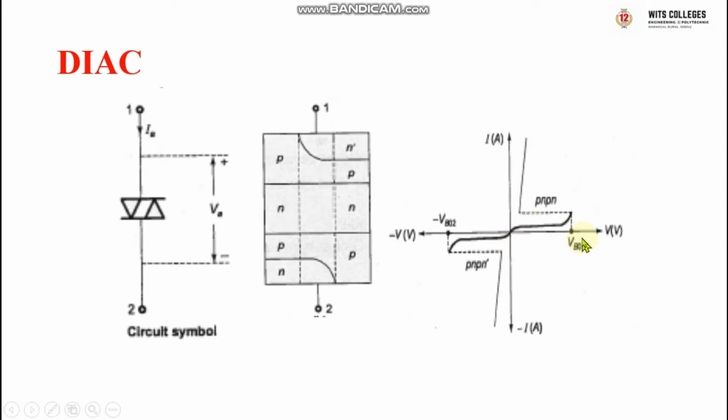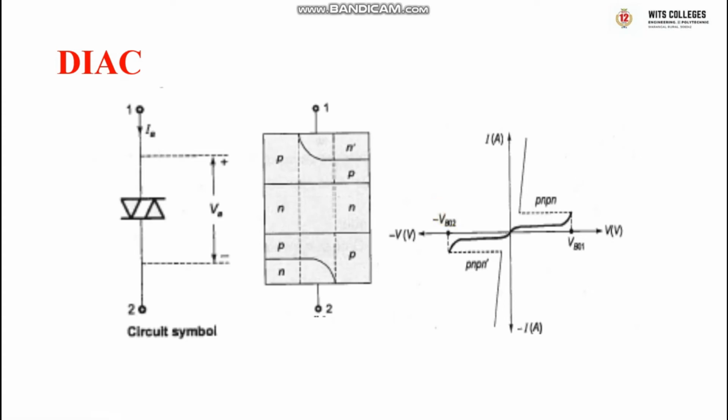So once conduction starts, current through the diac becomes very large, and is limited by the external resistance in the circuit. So when terminal 2 is positive and terminal 1 is negative, the current path PNPN dash starts conducting when the voltage of T2 is more than the breakover voltage VBO2.